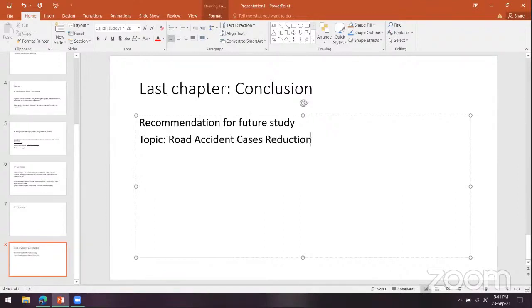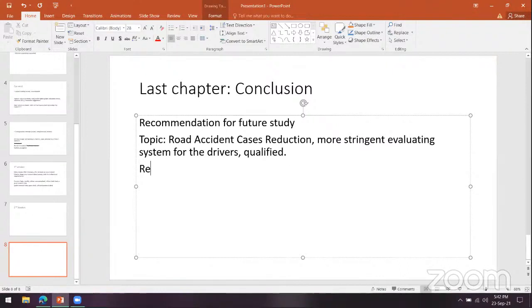And then after that, we are saying we want to have a better or more stringent evaluating system for the drivers, so that they are all qualified. Okay, so that is what the topic is all about. This will be the conclusion.